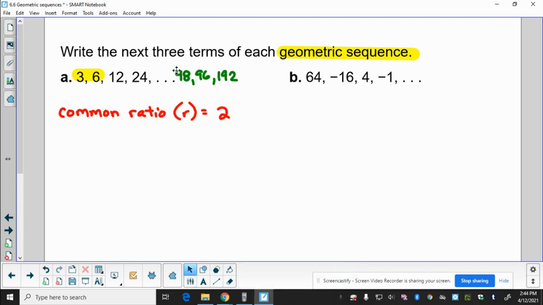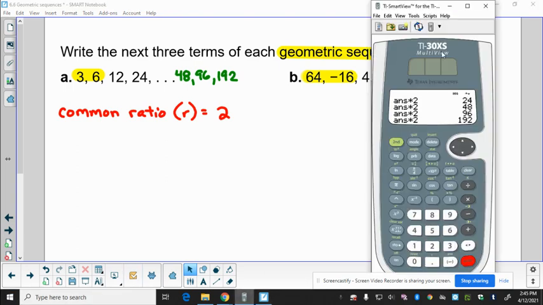Let's try another one. Let's try part B. Okay, so in this case, take a pair of numbers. Maybe it really doesn't matter which pair you use. What I want you to do is divide those in reverse order, and let's see what we get. So let me bring up my calculator.